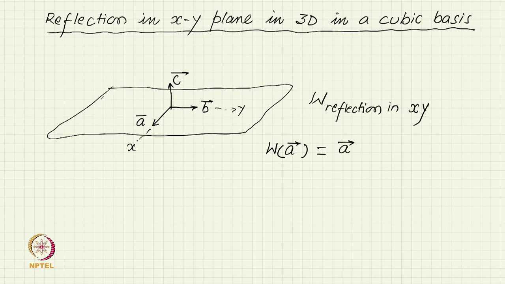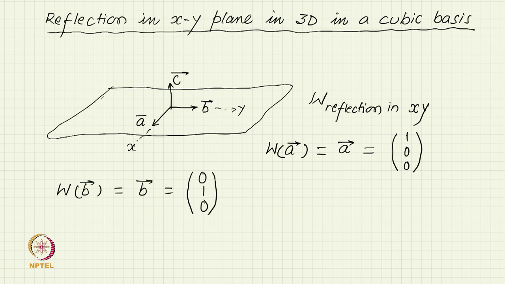So, W A is A, in its ABC coordinate system it is 1 0 0. W B remains B, B in its original coordinate system is 0 1 0. W C will do something interesting. What will it do? 0 0 1 bar.